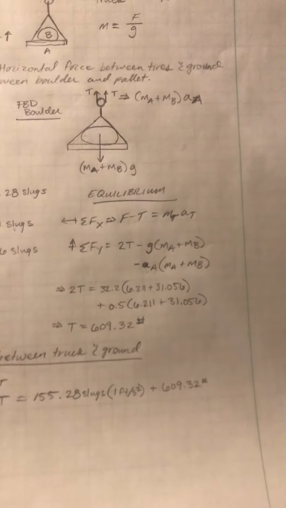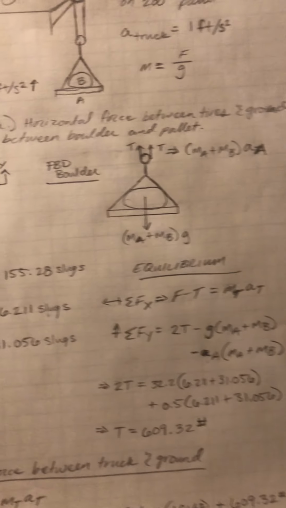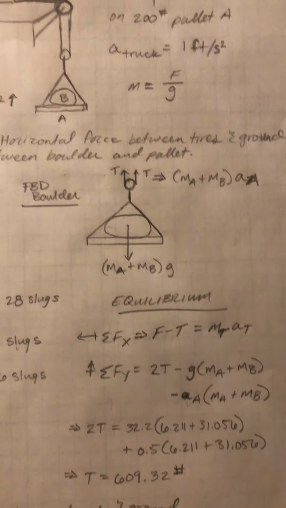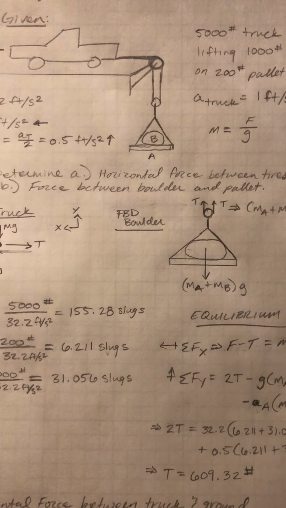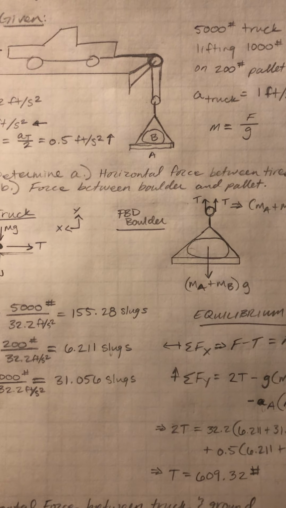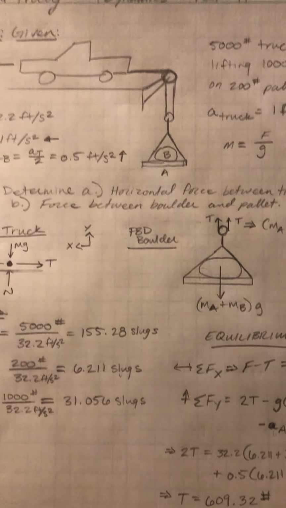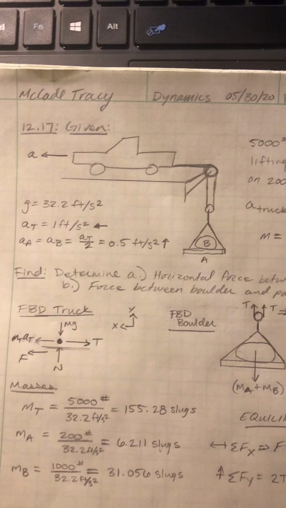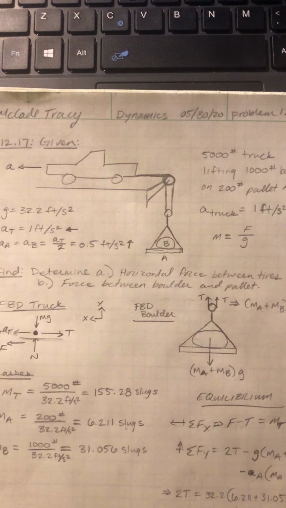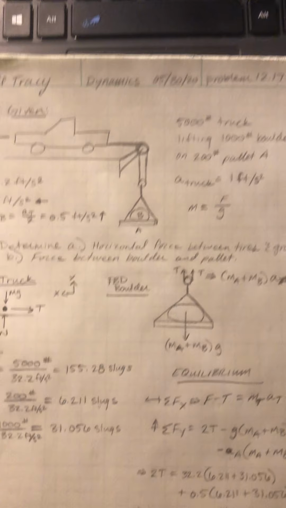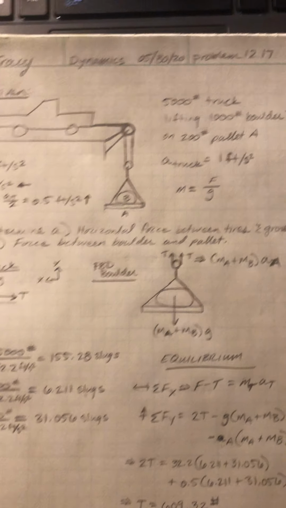Moving on to the second question, we're given a truck that is attached to a pulley system with a boulder on a steel plate. Again, the acceleration is moving to the left. So we're trying to find the horizontal force between the tires and the ground, and the force between the boulder and the pallet.